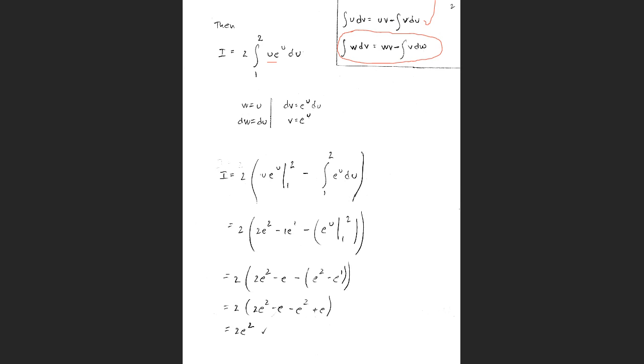So instead of the integral of u dv, let me do integral of w dv, because the integral has no w's or v's in it. So let me replace everywhere I see a u. Let me replace the u with a w in the integration by parts formula.